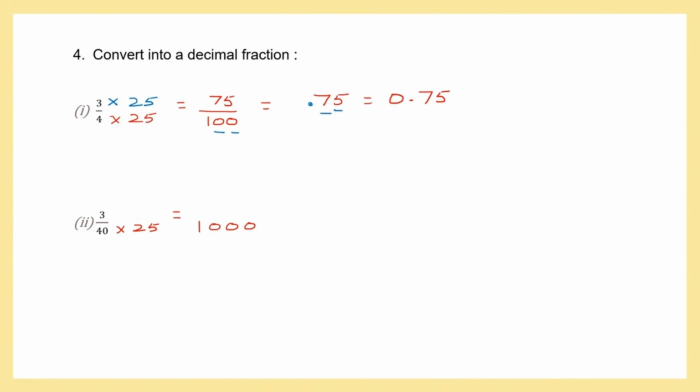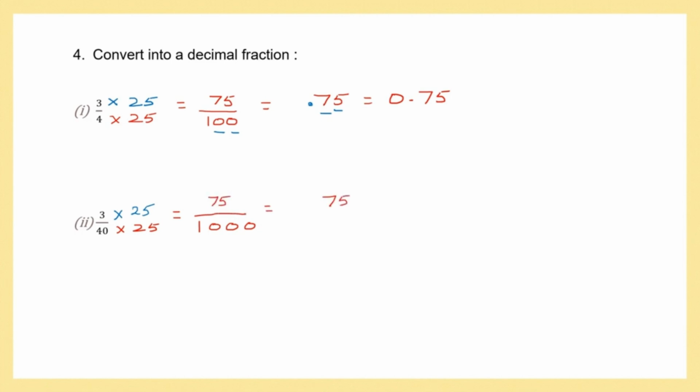So let's go back to the question. Since I multiplied the denominator by 25, we multiply the numerator also by 25. 3 into 25 is 75. So let's write the numerator as a whole number.